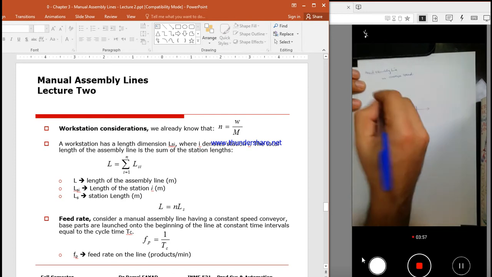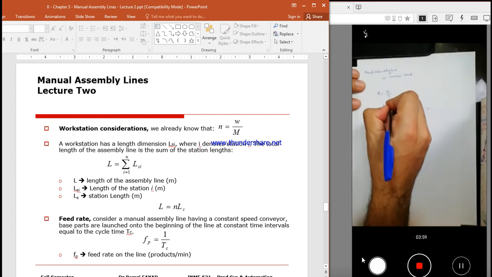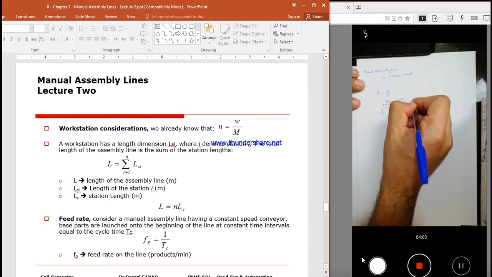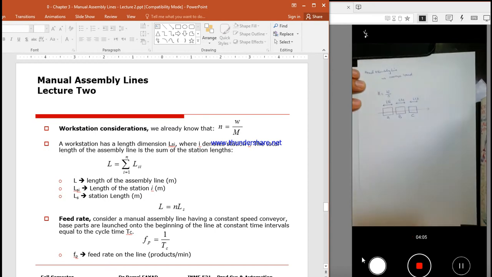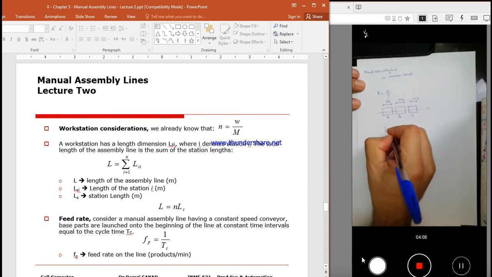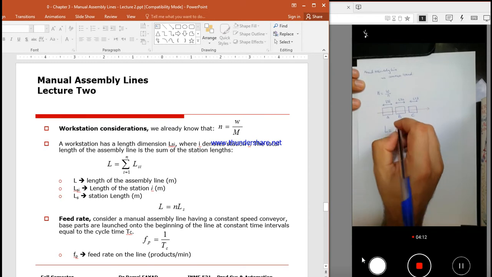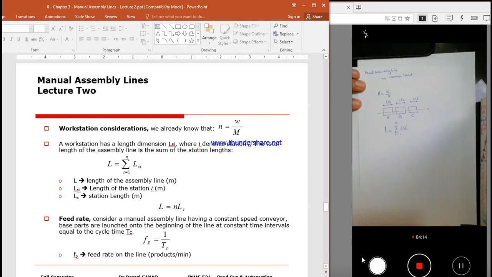If the lengths of the stations are LS1, LS2, LS3, then L is the summation of LSi from i equal 1 to N in a system.